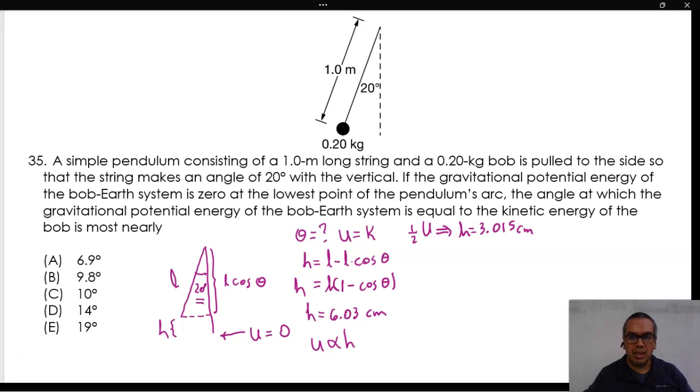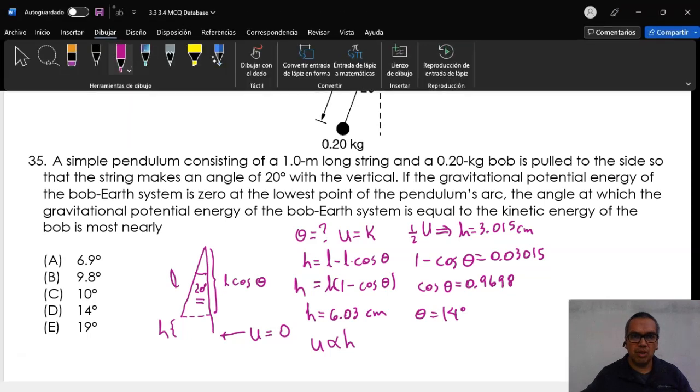Given that height, we get the expression 1 minus cosine of the angle is 0.03015, which means the cosine of the angle is 0.9698. This corresponds to an angle of 14 degrees, which is option D.